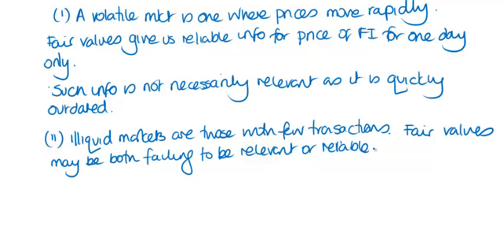Because it could be that on a particular day only a few shares are being traded, nobody's wanting to sell, so therefore we end up paying an artificially high price. So there are problems with using fair values. Equally, there are problems with using the alternatives such as historic cost. Historic cost is just far more out of date.